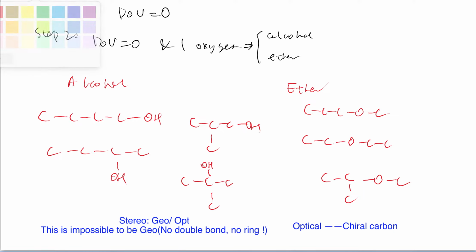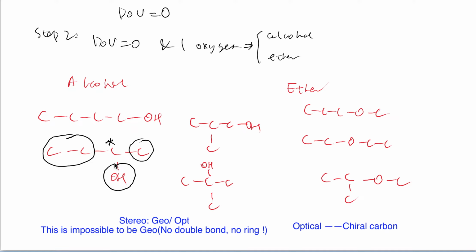The first structure, we don't have any stereoisomer. Second structure, we do have a stereocenter, which is over here. The way you label a stereocenter is always to draw an asterisk on the carbon. That's how they will ask you to draw it in the exam as well. You can see this is a stereocenter because it connects to 4 different groups: acyl group, methyl group, hydroxy group, and also a hydrogen.